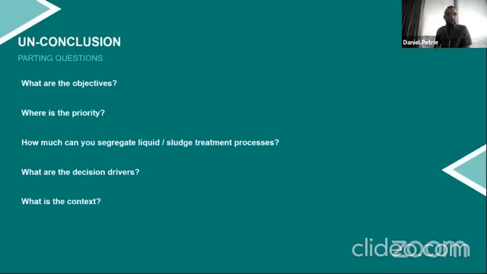But the question that will always be asked is, where's the priority? Whether you're trying to design, or plan, or operate a wastewater treatment facility and a sludge handling facility, the priority of what those two have to do together is ultimately going to drive how you select equipment and how you operate the system.